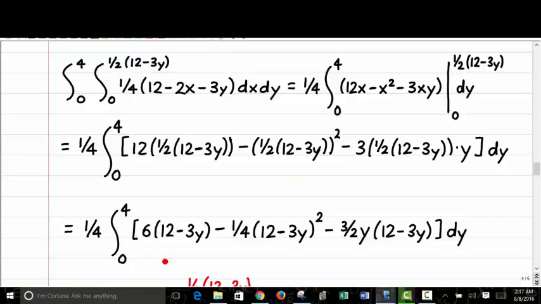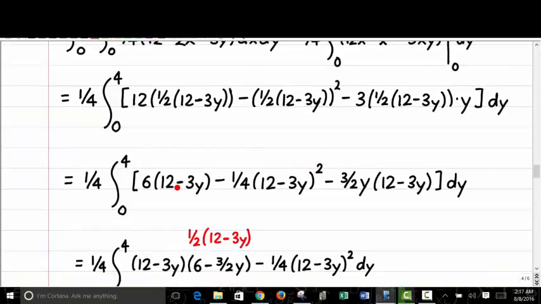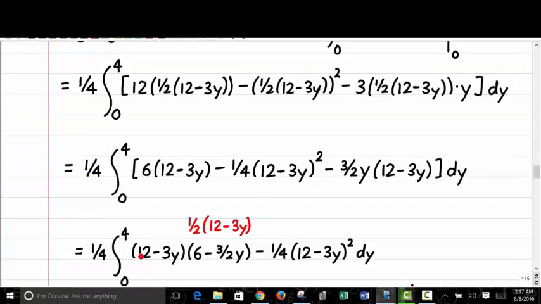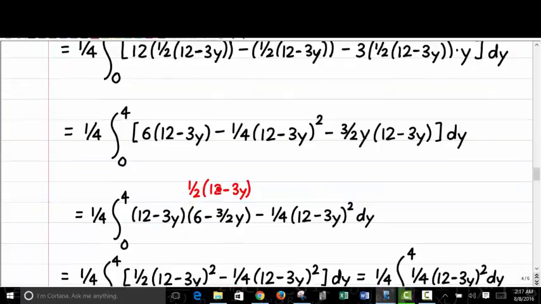Obviously, it could be derived, but it works this way for these kinds of tetrahedron problems every time. When you get this 12 minus 3y, if you factor out the 12 minus 3y, the two terms you're left with, 6 minus 3/2 y, can be converted to a form of 12 minus 3y every time, or whatever that is. So that ends up being half of this to get this.